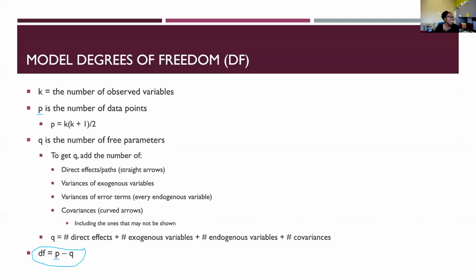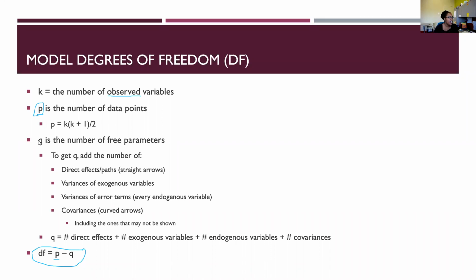We calculate our number of data points by taking the number of observed variables, multiplying it by the number of observed variables plus 1, and then dividing by 2. This is a fairly straightforward equation. You just have to remember that K is the number of observed variables. In path analysis, all of our variables are observed, so we're going to count every single variable. Once we get the latent variables, it'll change. But right now, number of variables times number of variables plus 1 divided by 2.